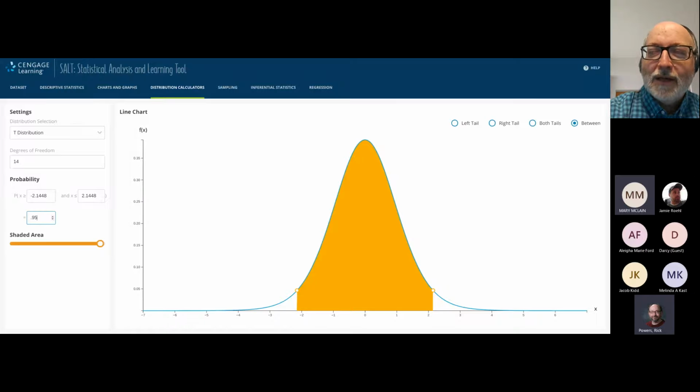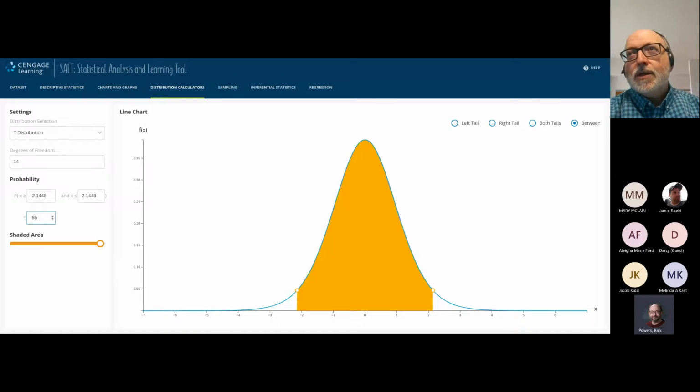It is. Congratulations, Mary. You win. Thank you. It was 1.96. But with the t distribution, we put it in here. It's not 1.96. It's 2.1448. So with the t distribution, it's changing the shape of this curve. And so in order for us to have 95% confidence, we need to go out a little bit farther, right? 1.96 versus 2.14. That's not a whole lot different, but it's something.